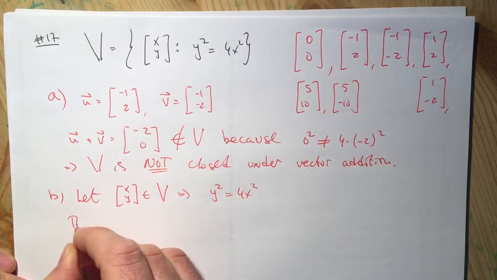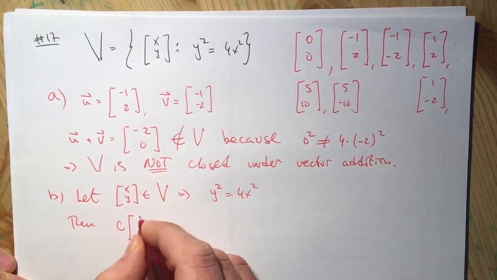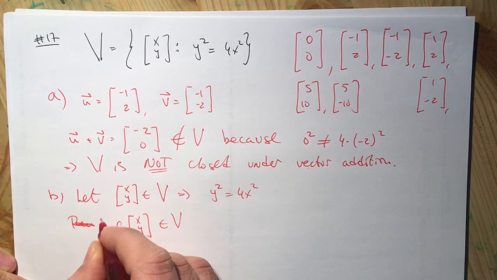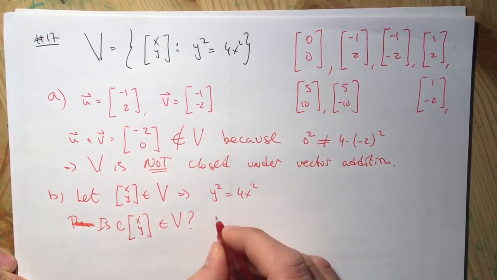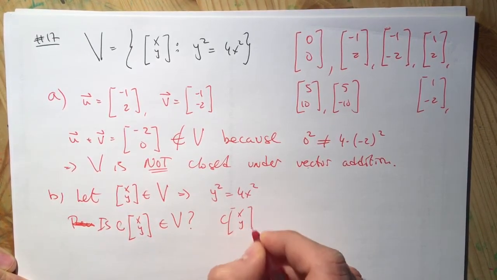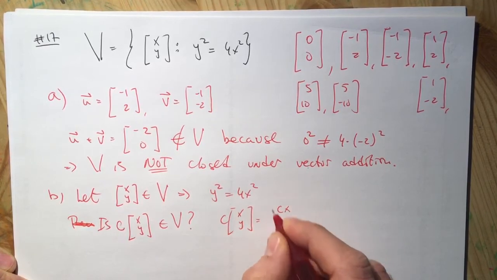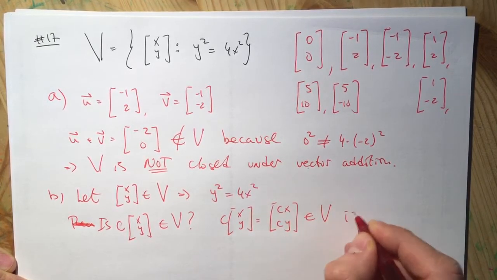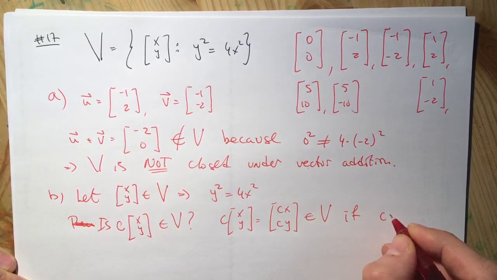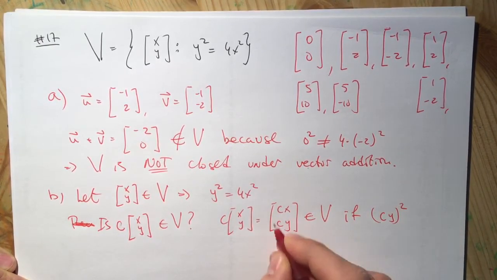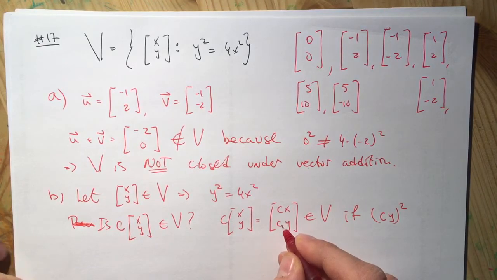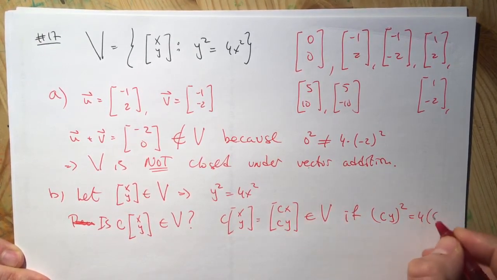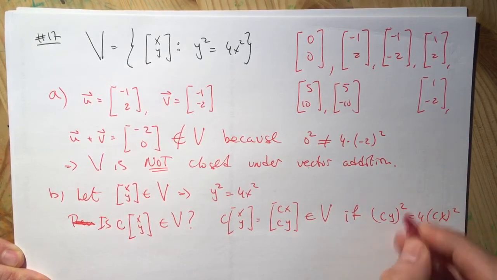Then I check whether C times xy is in V. Well, C times xy is equal to Cx Cy, and this will be in V if Cy, the whole thing squared, the square of the second entry is equal to 4 times the square of the first entry. So let's see whether this is satisfied.